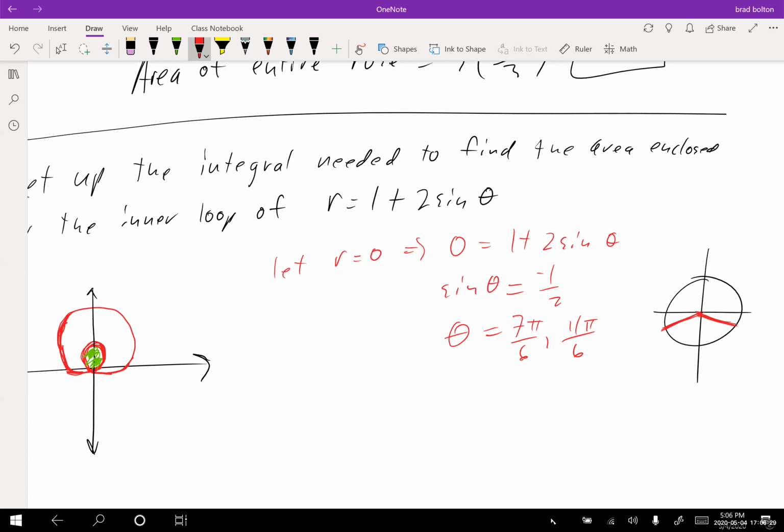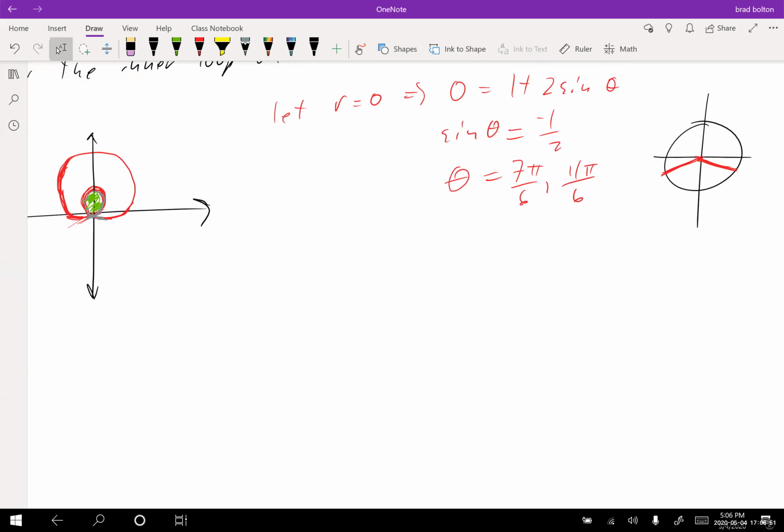So that's when we go into the inner loop, like this. Right here, we go in at 7 pi over 6, and then we come out again at 11 pi over 6 at those two angles. That's the entrance and exit, I guess you could say, or one way to think about it. All right, so now we have to find the area of this guy.